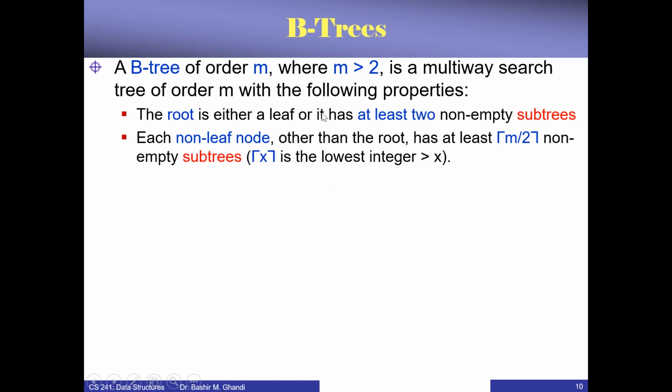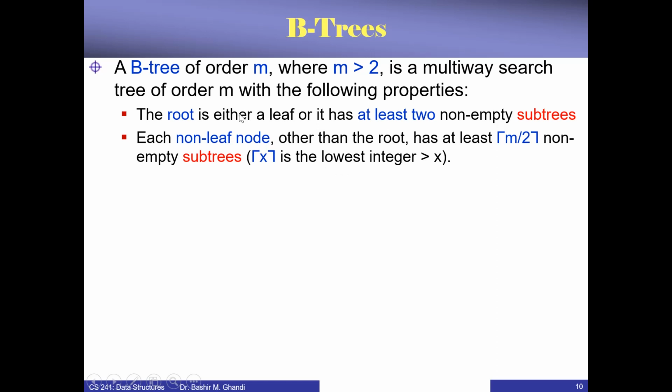Floor, which we don't need for this lecture, is you go down. So if you have a fraction like 2.5, then the ceiling is the next integer bigger than that fraction, which is 3 if m is 5. If, for example, m is 7, then 7/2 is 3.5, so the ceiling will be 4.